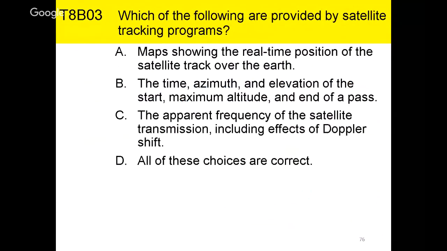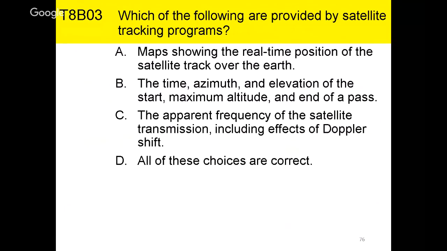So which of the following are provided by satellite tracking programs? Satellite tracking programs are almost necessary if you're going to be operating satellite communications. There's lots of satellites out there. Some of them go north to south, others go east to west. Some are in some kind of an odd diagonal elliptical orbit. You've got to remember that there's a Doppler shift in how it operates.